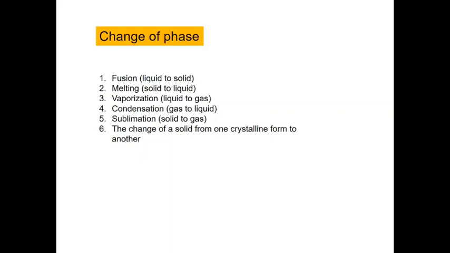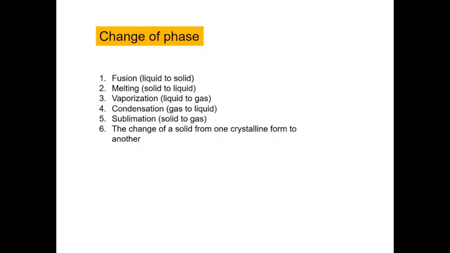When you boil the water, you get gas, so vapor of water. Condensation is when you cool the gas, you can change it to a liquid. This is called condensation.